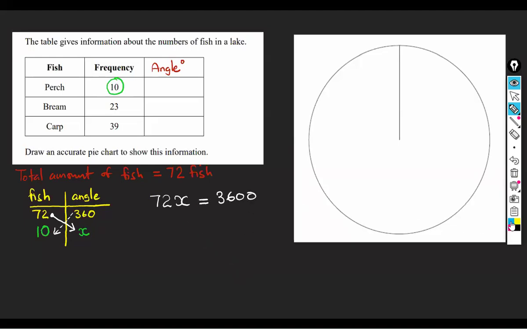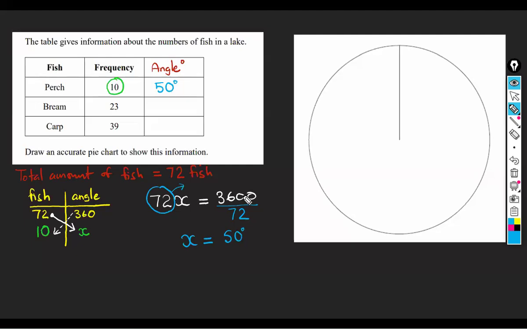Remember, we want to solve for who? X. This 72 is a multiply. Throw it across, it becomes a divide. Where's my calculator? 3,600 divided by 72. I'm getting 50 degrees. The perch is 50 degrees.